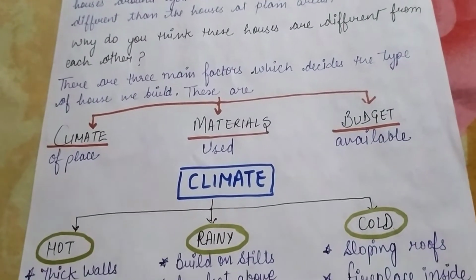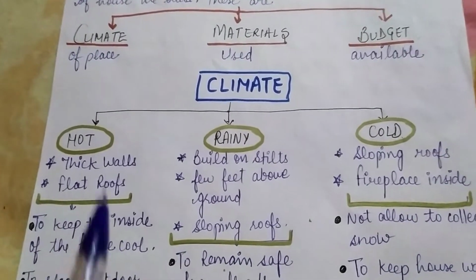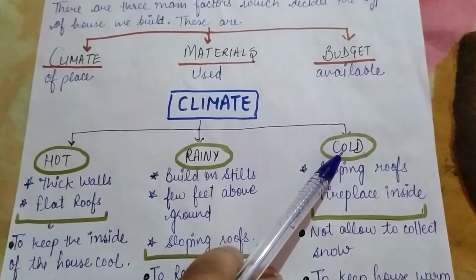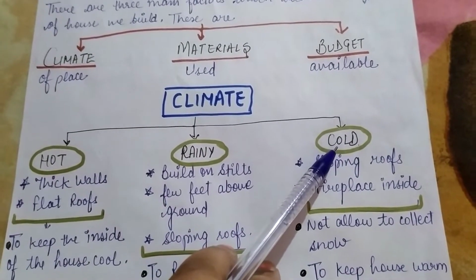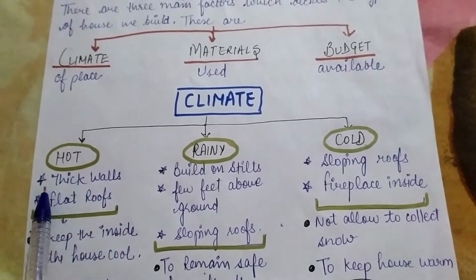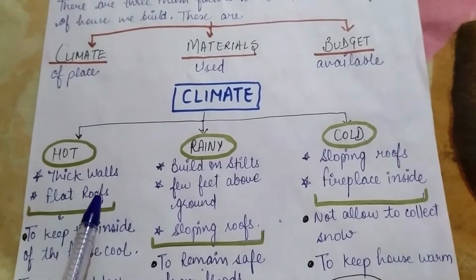That is, whether that particular place is situated in a hot climatic area, there is a lot of rainfall, or the place is very cold. Now in hot climatic areas, the houses have thick walls and flat roofs.